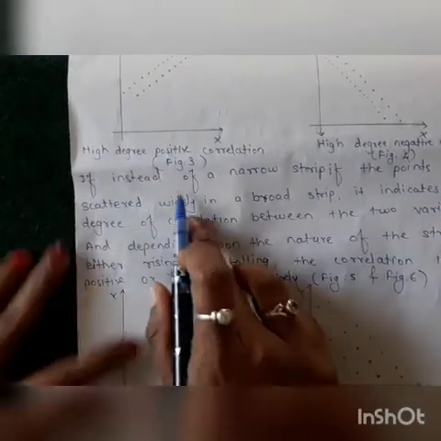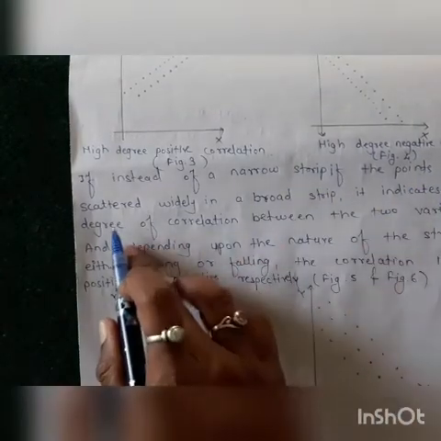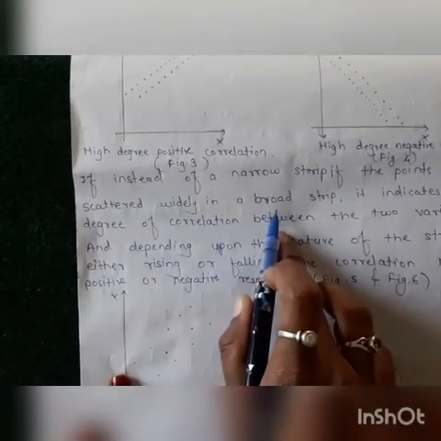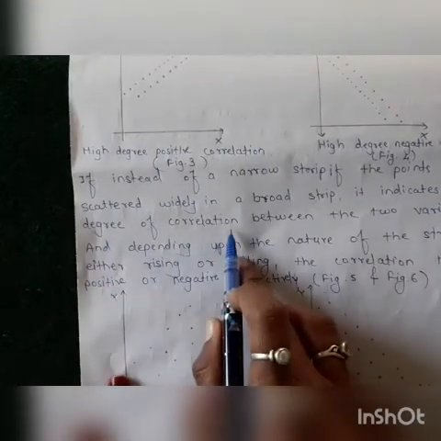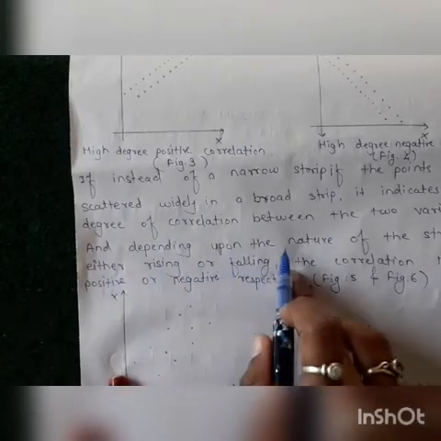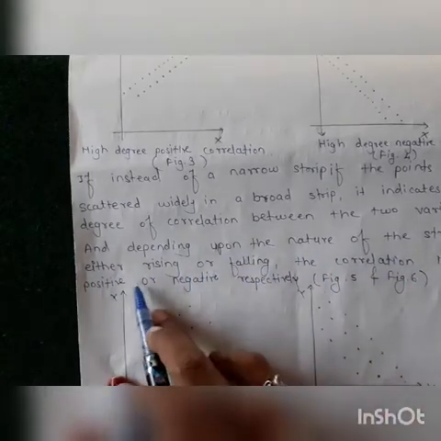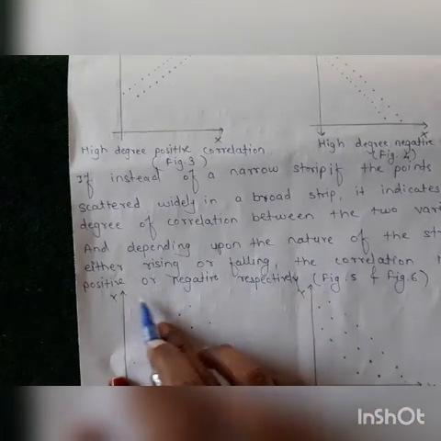If instead of a narrow strip, the points are scattered widely in a broad strip, it indicates a low degree of correlation between the two variables, and depending upon the nature of the strip, either rising or falling, the correlation is positive or negative respectively.